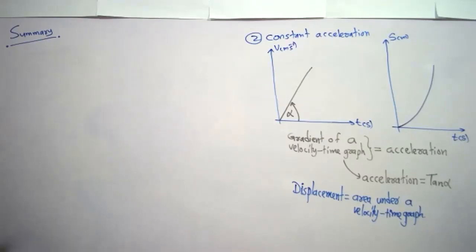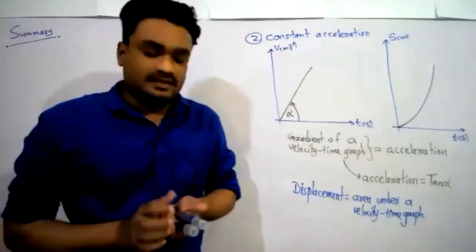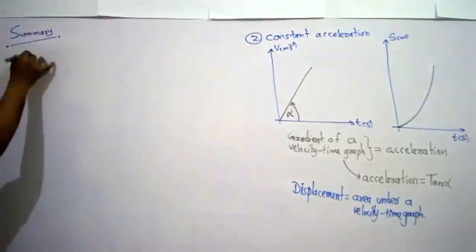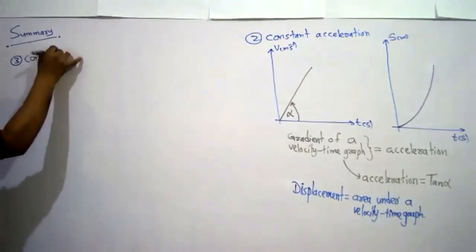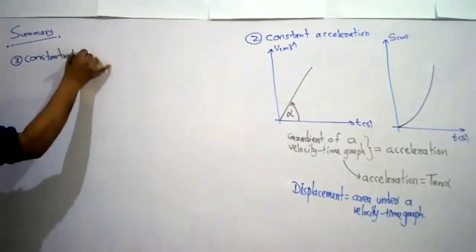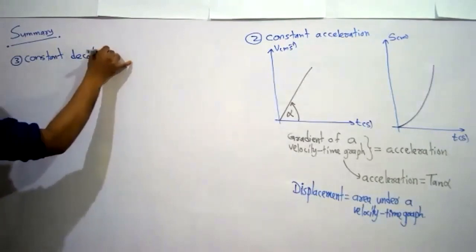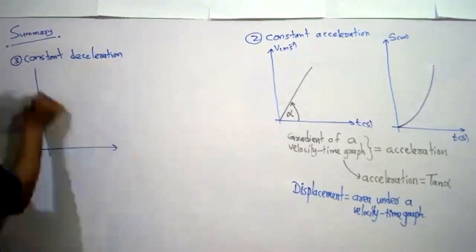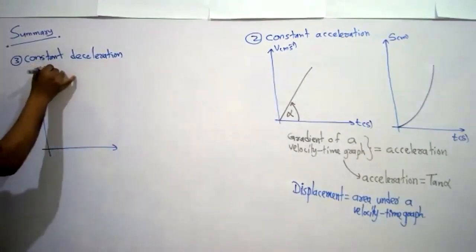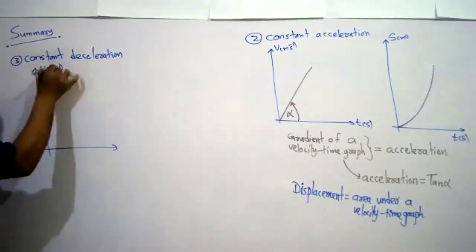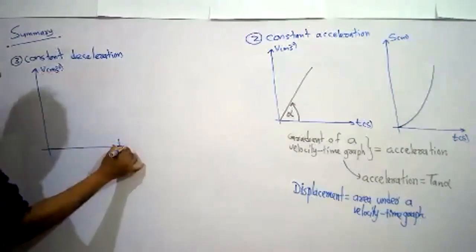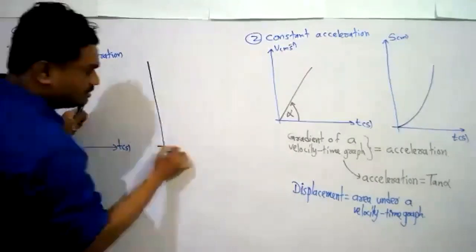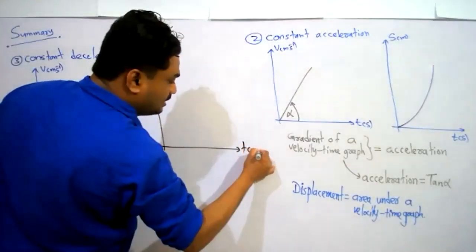Right, the third and last two graphs, the third set. Look at the board. How do you represent constant deceleration in a velocity time graph, and how do you represent the same constant deceleration in a displacement time graph?